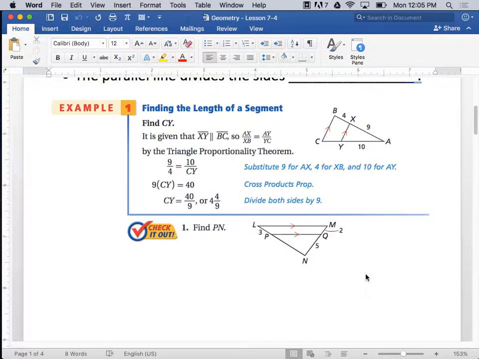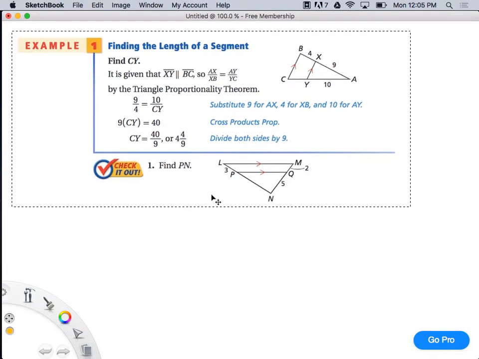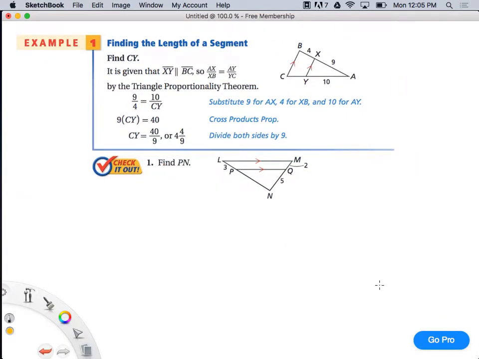So go ahead and read example 1 on your own and try and make sense of that. And really think about it. Try and figure it out. If you're spacing out right now, it's not the time to space out. It's time to think. So I'm confused too. Well, you're looking at the example first.